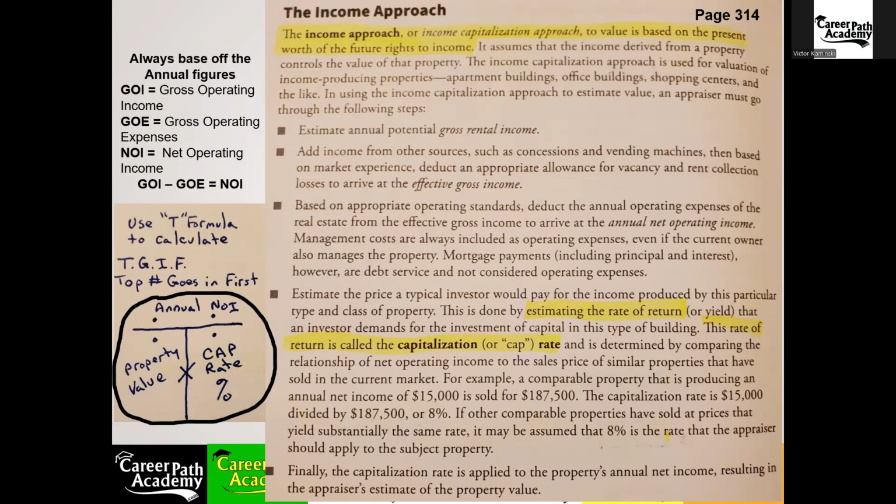And when you have all those highlights and those notes and the formula written there, here are the instructions on how to use that T formula. TGIF: top number goes in the calculator first. Got it.